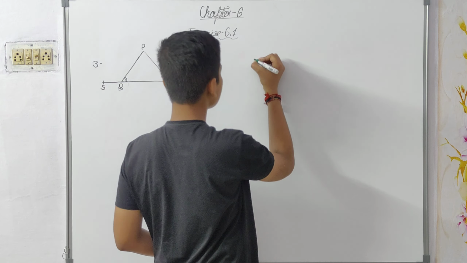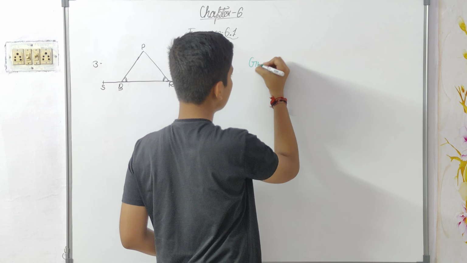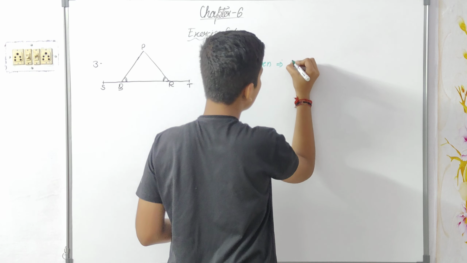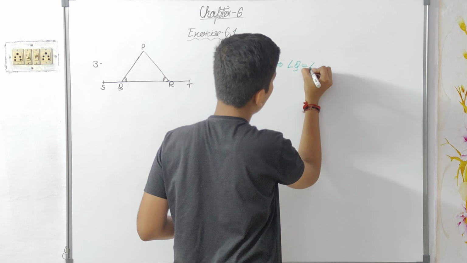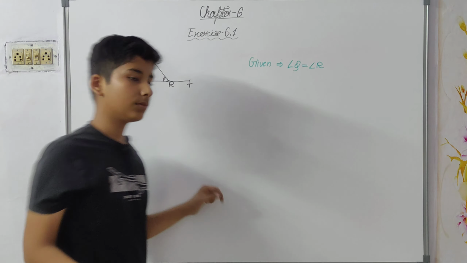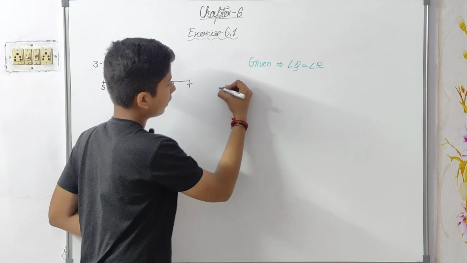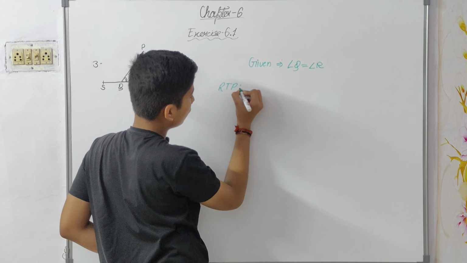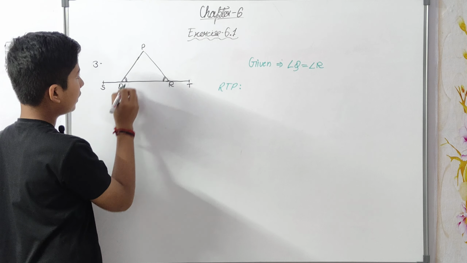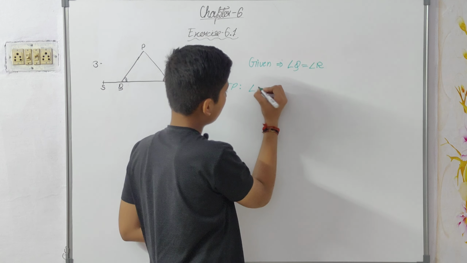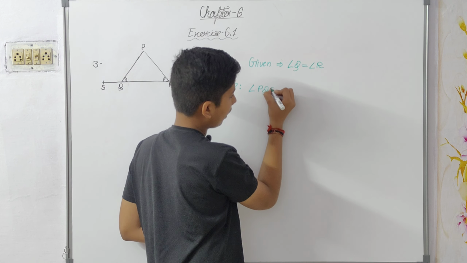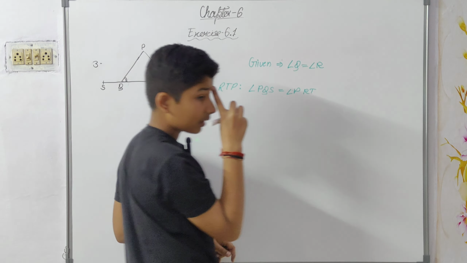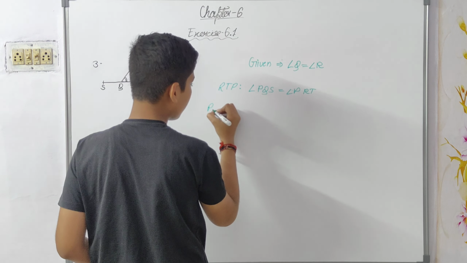So let's see. Given: angle Q equals angle R. Now RTP, required to prove: PRT equals PQS. Now here we'll write the proof.